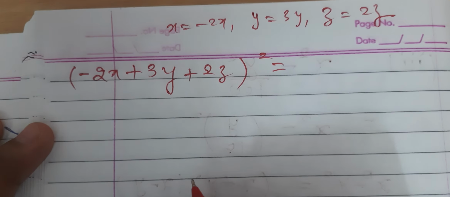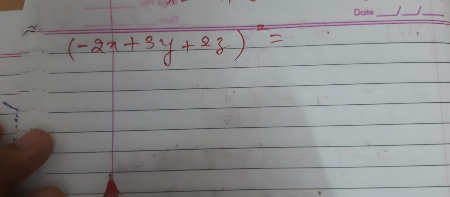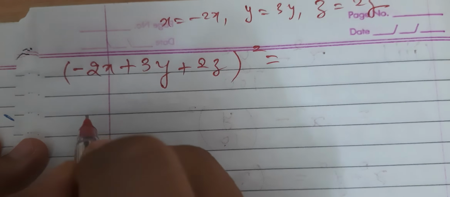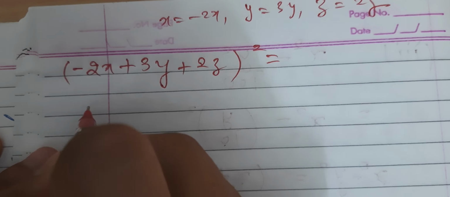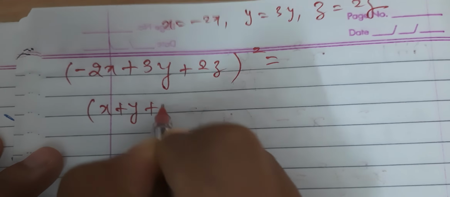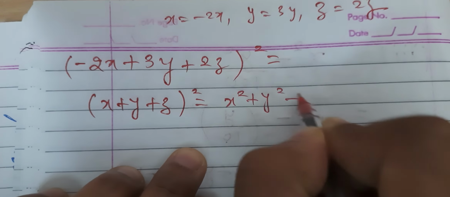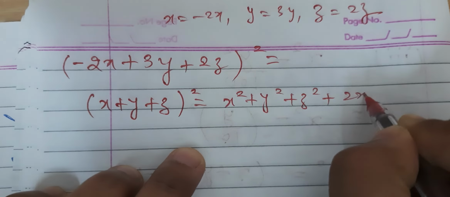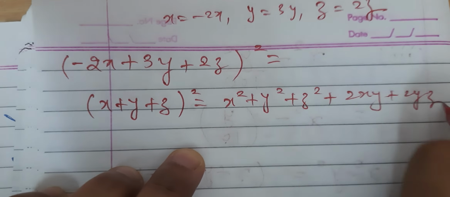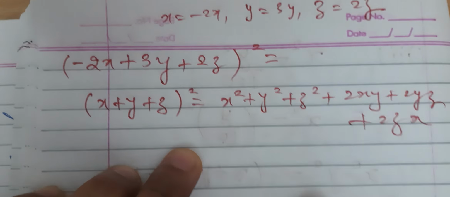Again writing the identity: (x + y + z) the whole square equals x square plus y square plus z square plus 2xy plus 2yz plus 2zx.